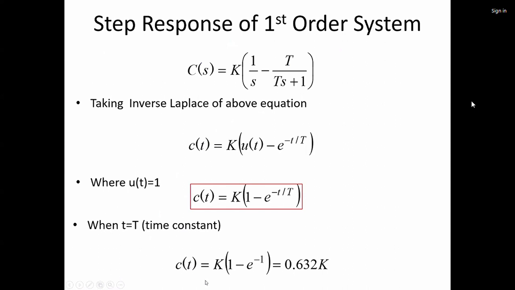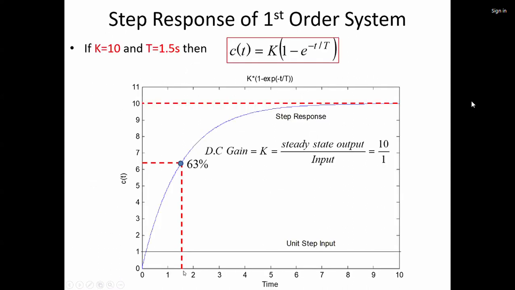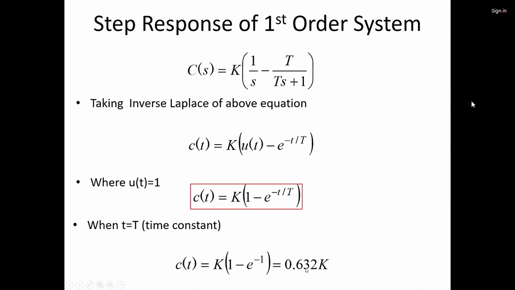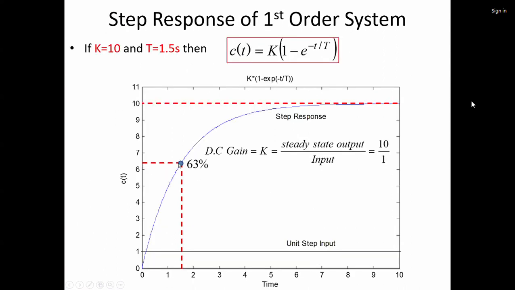What is the value of the output? When our time is one time constant, if you substitute k equal to 10, this is basically 6.32. So your output is 6.32.